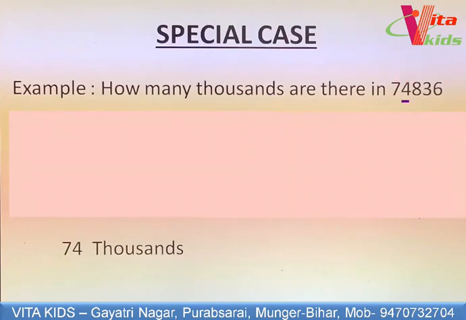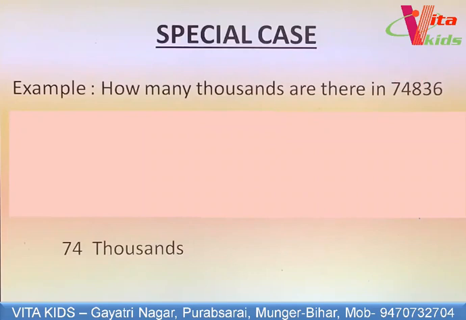That means 74 thousands. If they ask you about how many hundreds are there in this, that means 8 which is at hundreds place, and every number on the left of 8, that is 7, 4 and 8 will form your answer. You will have 748 hundreds.